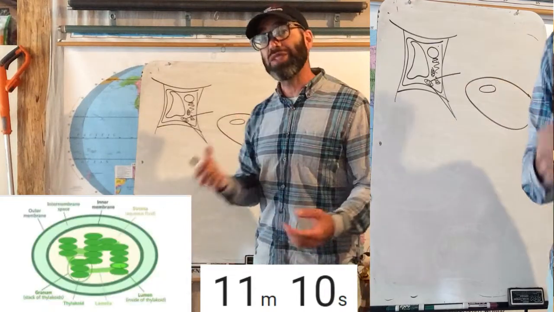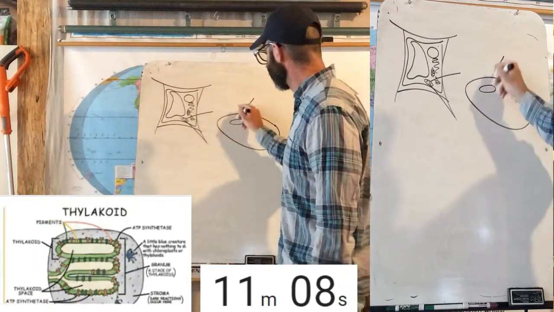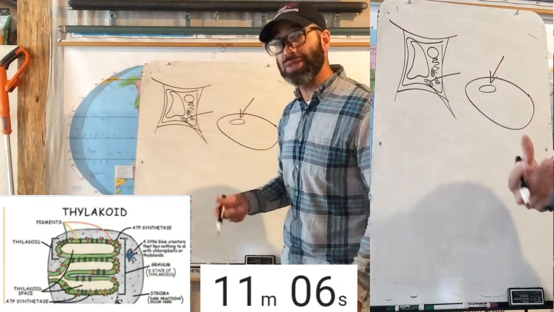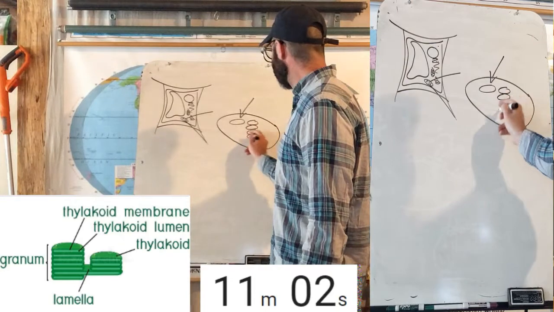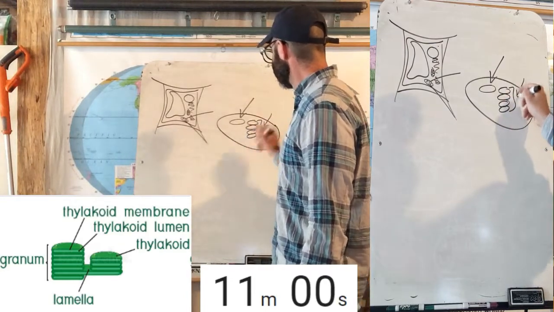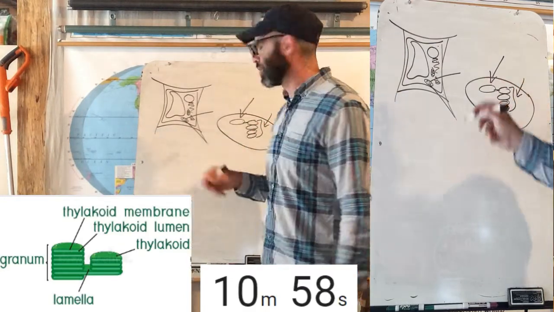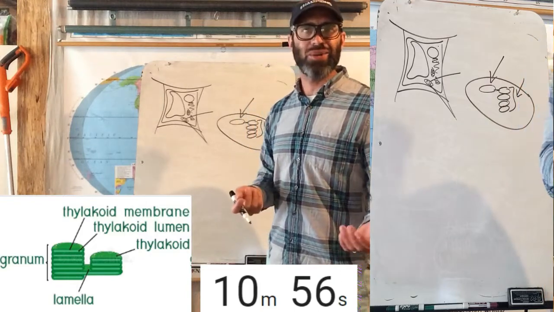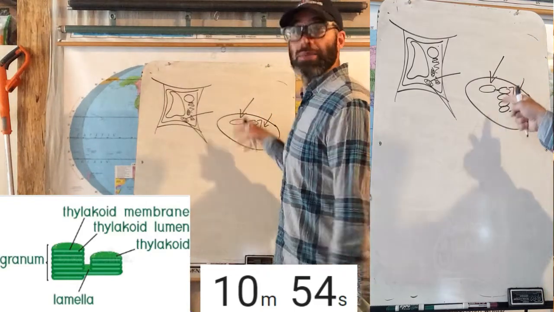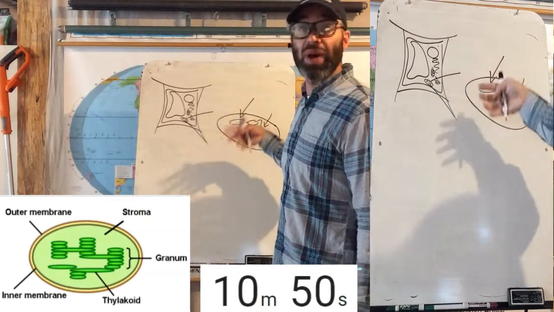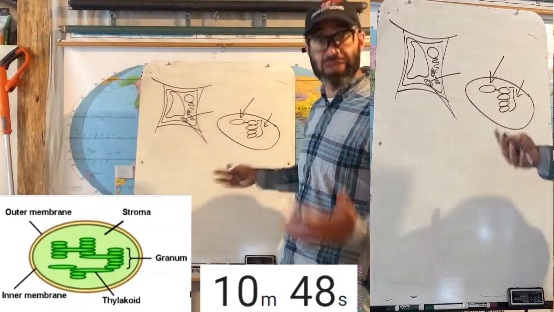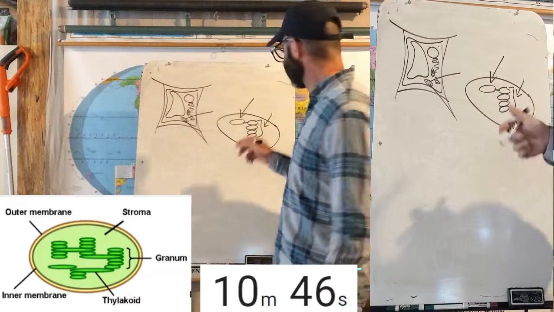Inside the chloroplast are disc-like structures called thylakoids. Thylakoids, when you stack them up, make a granum. So a stack of thylakoids is a granum. There's also little connector tubes. I forgot what they're called. I think it's an L word. The thylakoids, the granum, are surrounded by a fluid-type material called stroma.